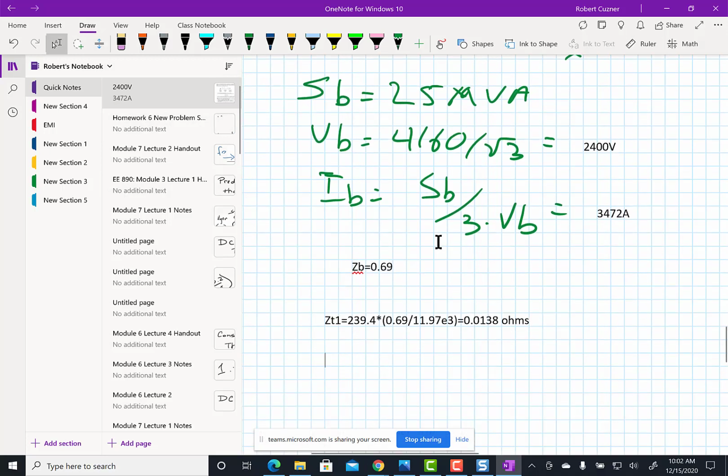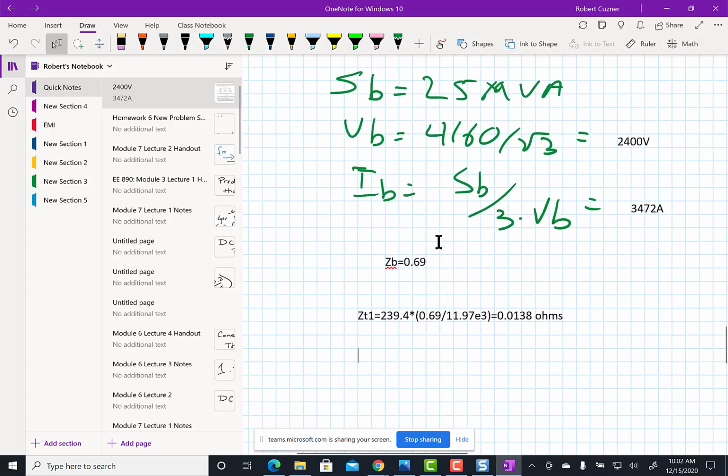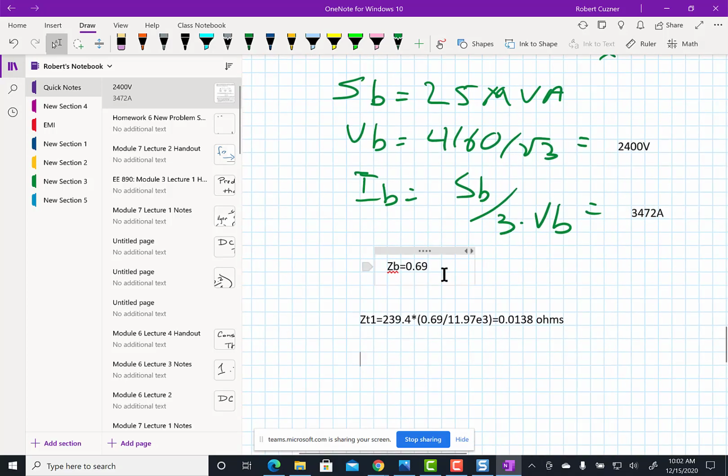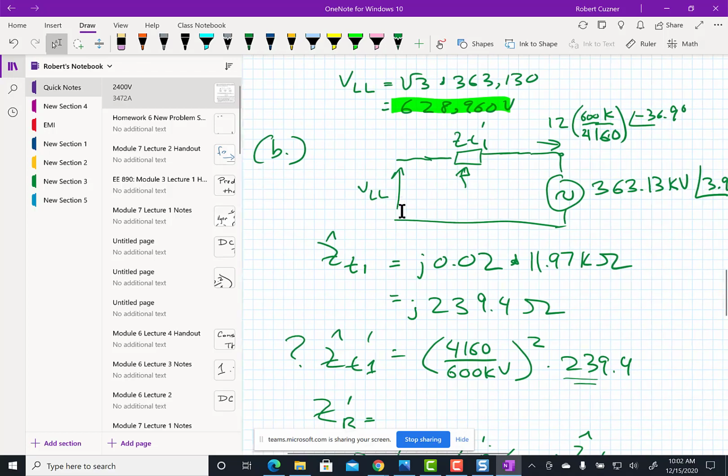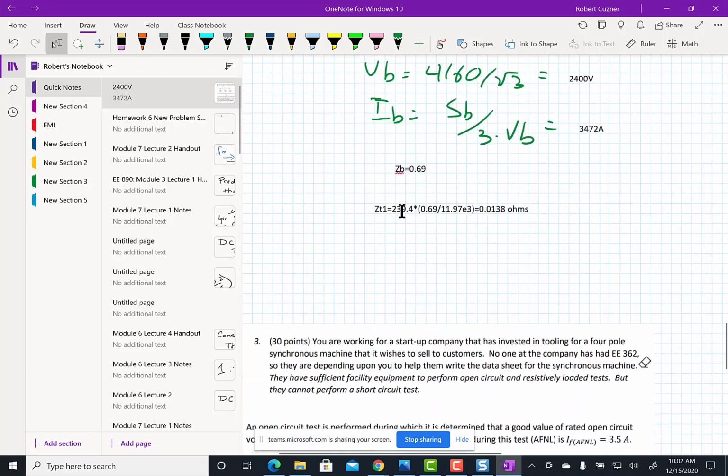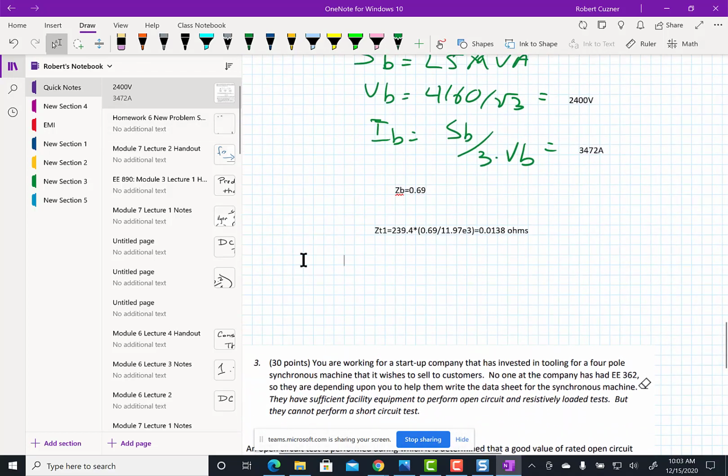Now the next thing is we want to find the circuit, and so we have this circuit here, so we know the current, we know everything, so we want to find the voltage at the transformer.